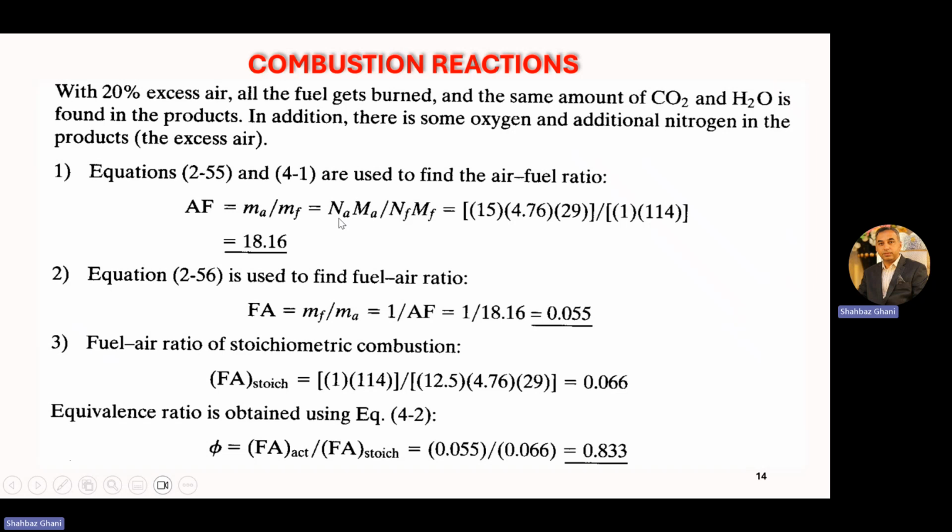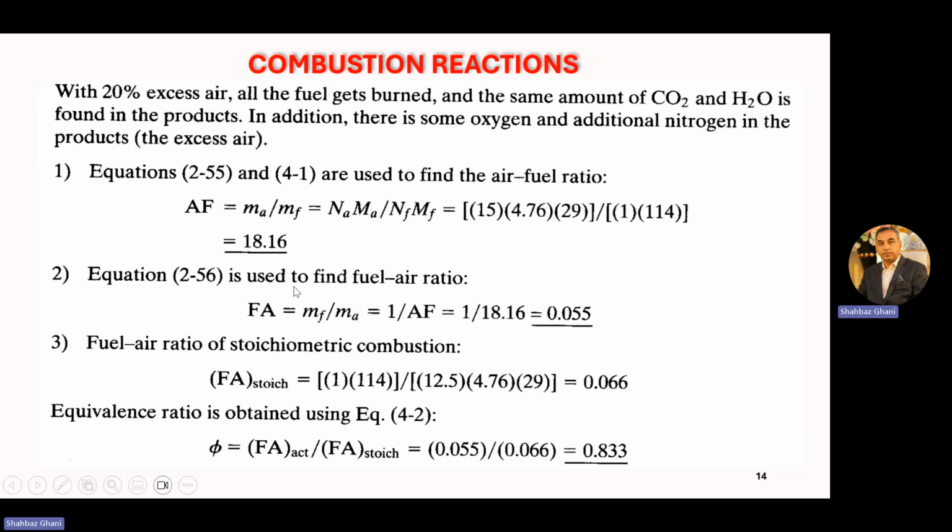Converting into molar form, it is Na multiplied by Ma divided by Nf multiplied by Mf. So 15 is the ratio, 4.76 is for the air, and 29 is the molecular weight, divided by 1 times 114, the molecular weight of isooctane. So the air-fuel ratio comes out to be 18.6.